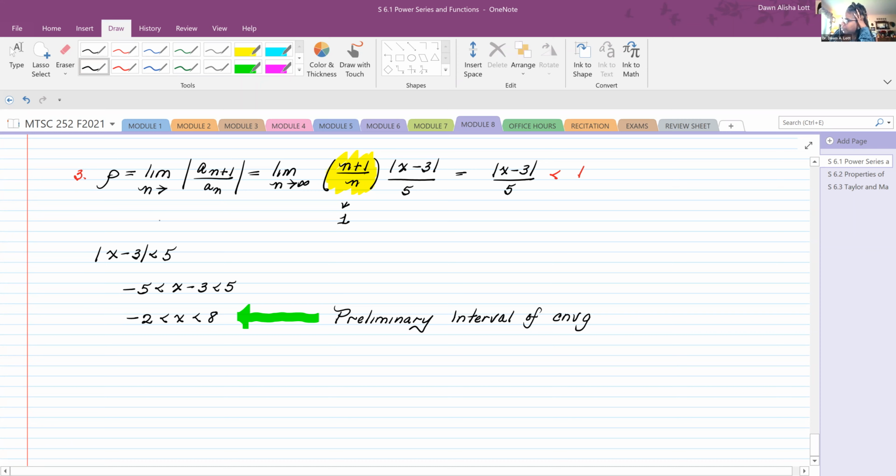And I forgot right here to say that the radius of convergence was 5. So from here, the radius of convergence is 5. Okay, so why do I call that the preliminary interval of convergence? Why is it preliminary? Why aren't I done?